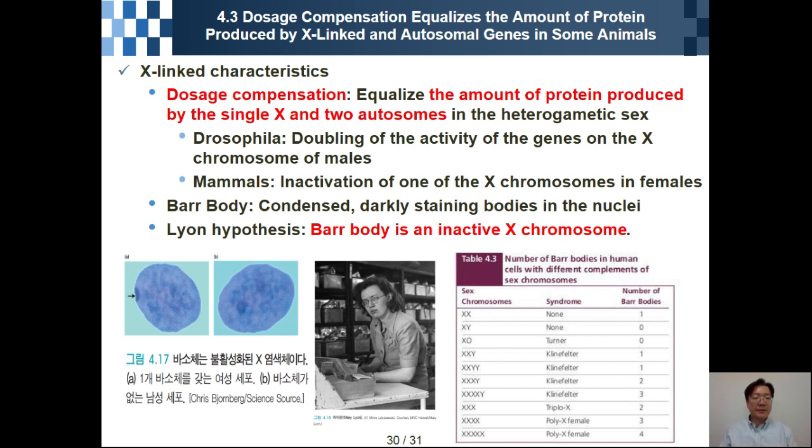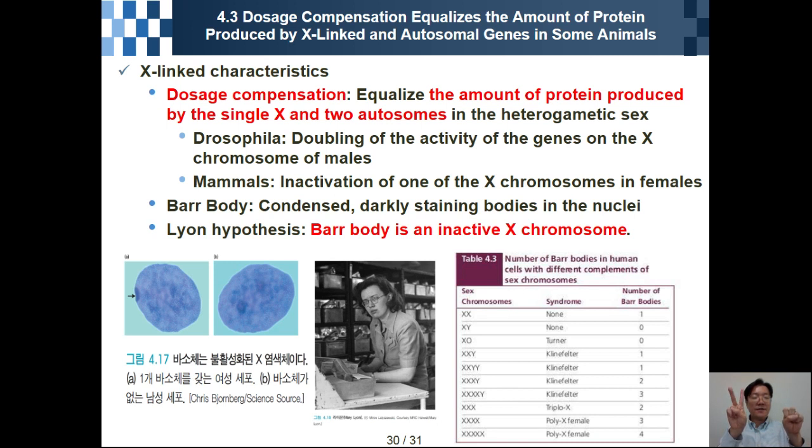How about mammals? The mammalian female has 2X, but they randomly inactivate one of the X chromosomes in the female. Sometimes this one is randomly inactivated, and only the other one is functional. Sometimes only the other one is inactivated.